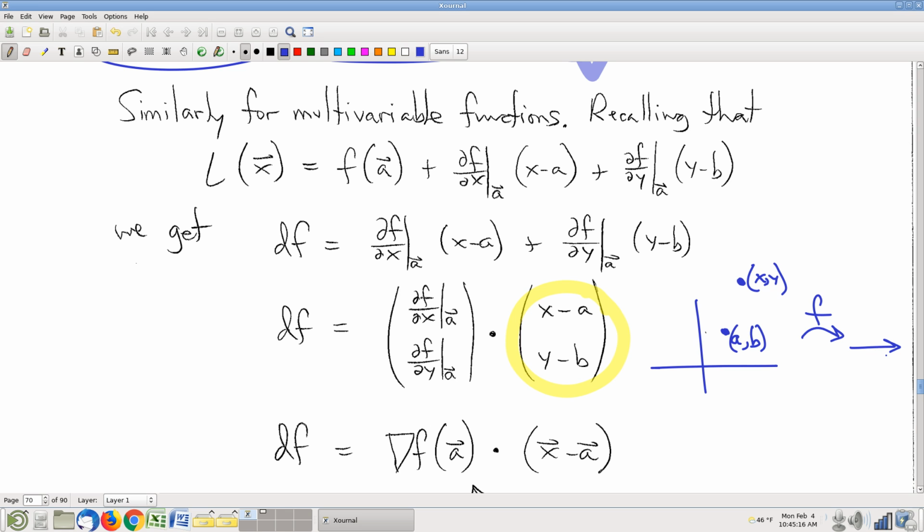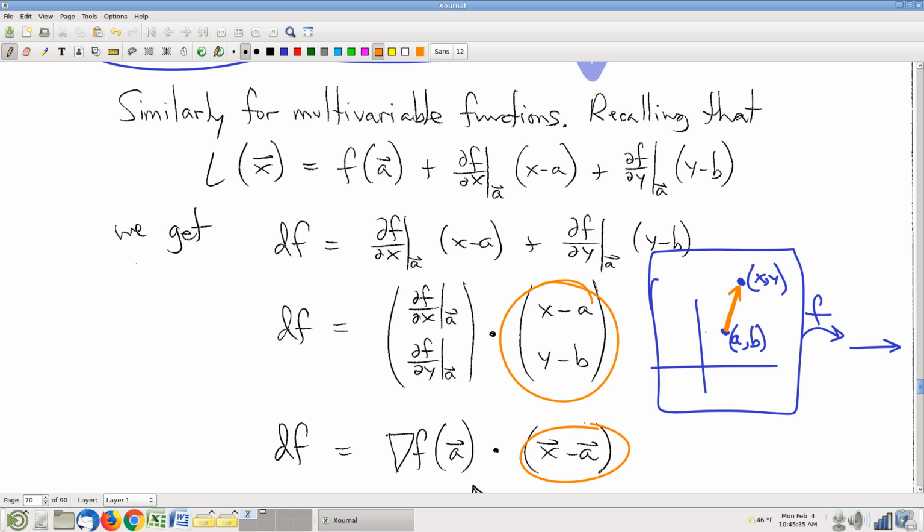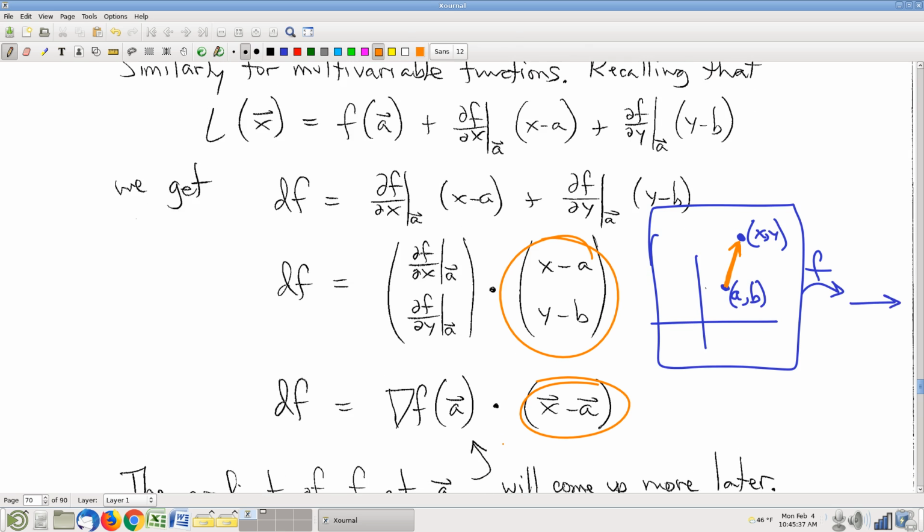Looking in the domain, x minus a comma y minus b, that vector is the vector x minus the vector a.